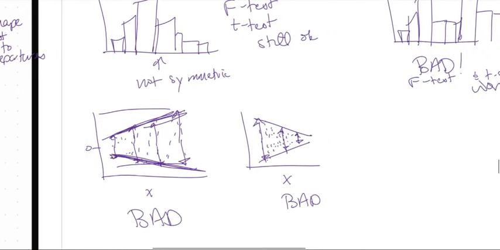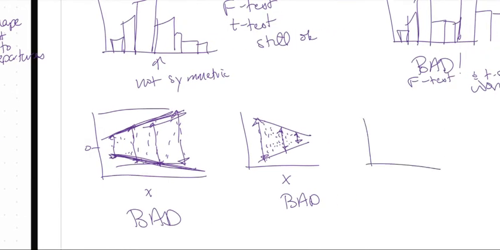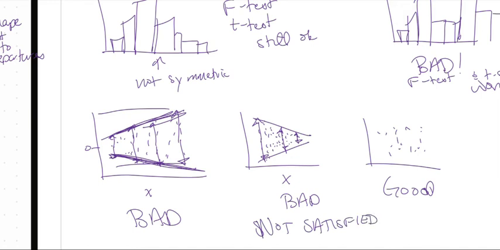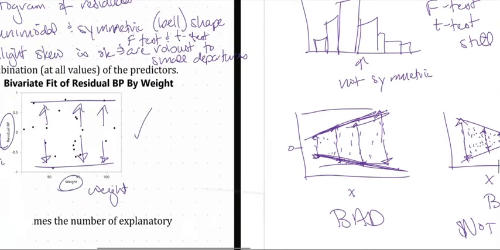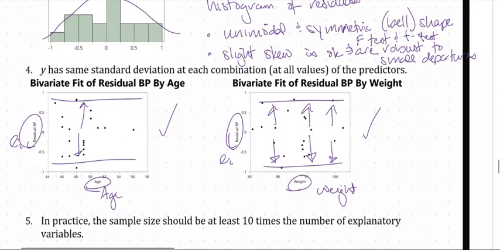So if I had a bad plot, and then a good plot, where everything is spread out the same amount, this condition is not satisfied. So it has to be good on all plots, not just one. Because the condition is that y has the same standard deviation at all values of the predictors, not for all values of some predictors.